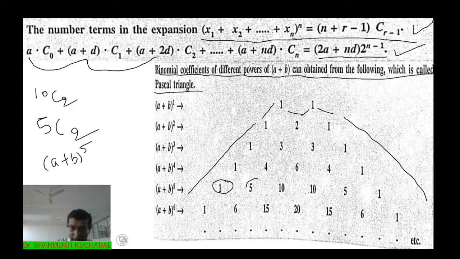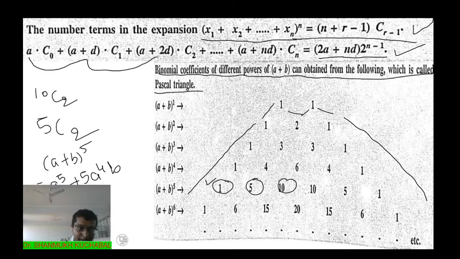So it is a raised to 5, next multiplied by 5 into a raised to 4 b, next after 5 we have 10, here we have to decrease the power of a to a cube, and increase the power of b to b square.